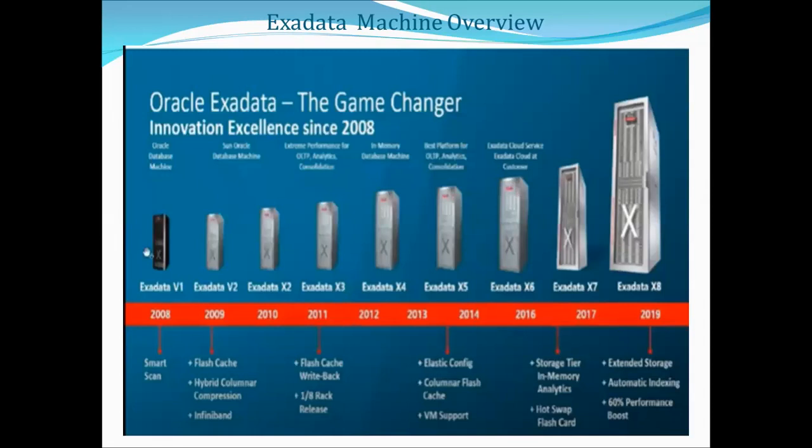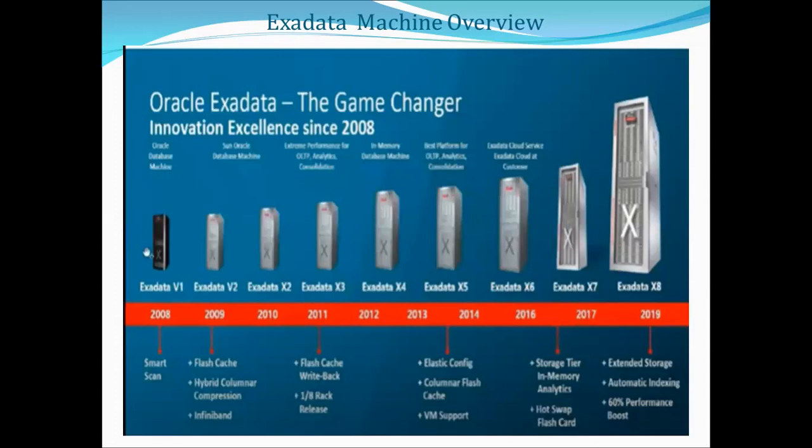So these are the Exadata generations. Exadata started with Exadata version 1. It was built on HP hardware. Later Oracle purchased Sun, and after that they started to use Sun hardware.